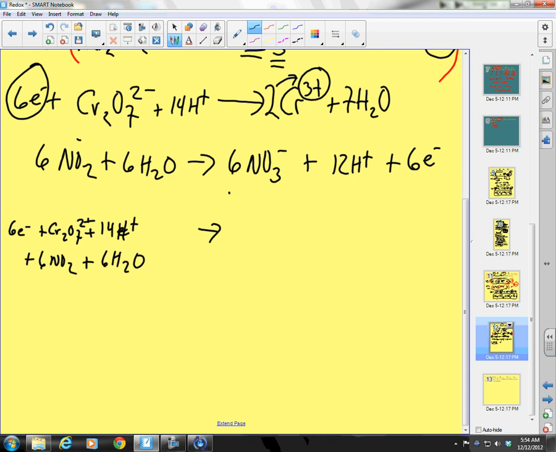And all that equals what? 2 chromium 3+, plus 7 waters, plus 6 nitrates, plus 12 hydrogen cations, plus 6 electrons. Okay, nothing so hard yet.